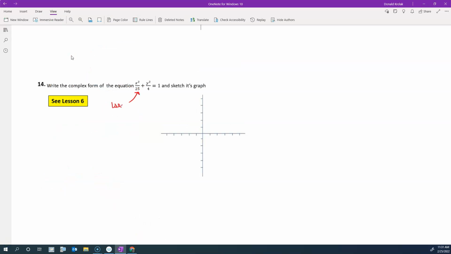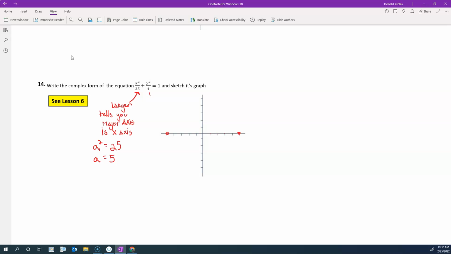So that means that the major axis, okay, so a squared is 25. So a is 5. 1, 2, 3, 4, 5.